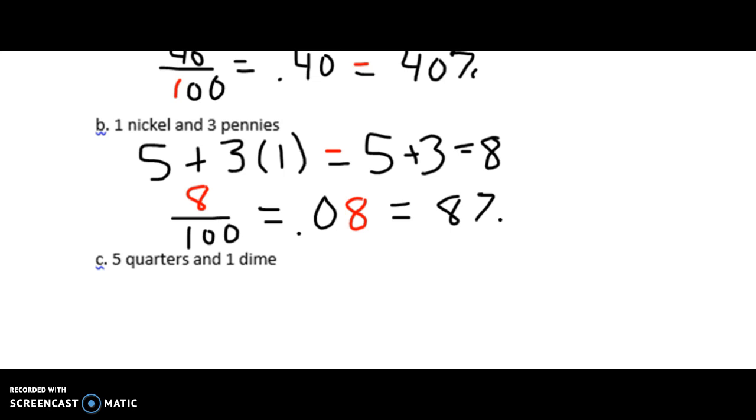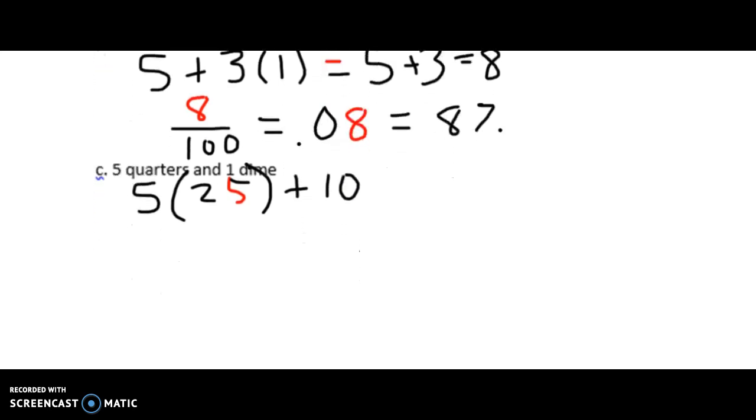So let's work out C. 5 quarters. I'm going to take 5 and I'm going to multiply it by 25 because a quarter is 25 cents. And I'm going to add 10 cents because I have 1 dime. So if I do this multiplication, 5 times 25 is 125 plus 10 gives me 135.